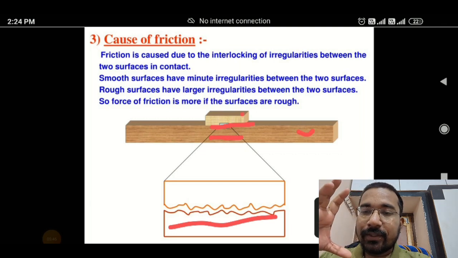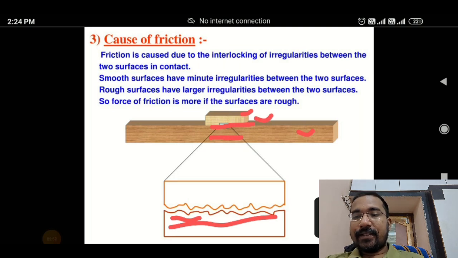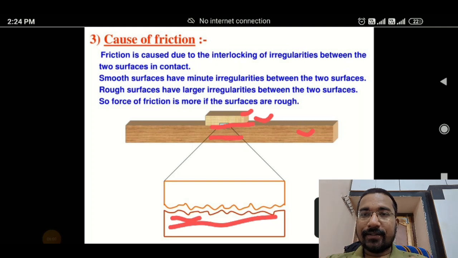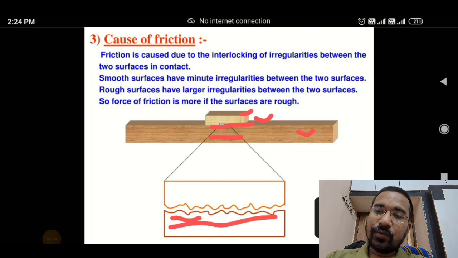If we zoom in 20x or 40x, both surfaces, here wood and here another surface, will look like this, and when you place one on the surface, they will interlock. If we push, we have to do a lot of work to make it move.